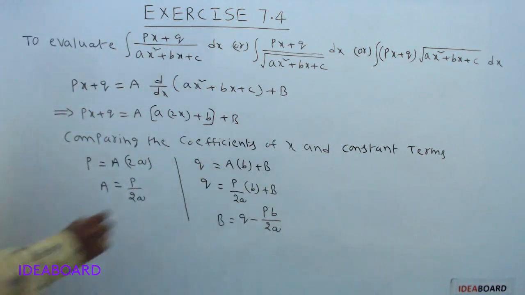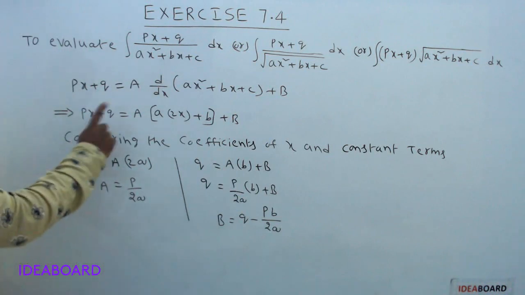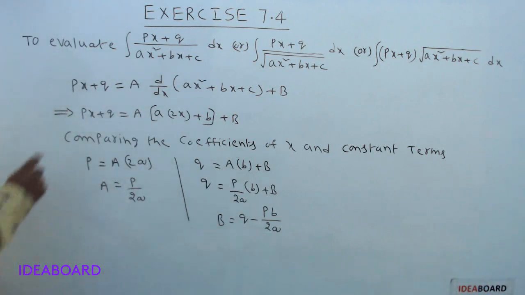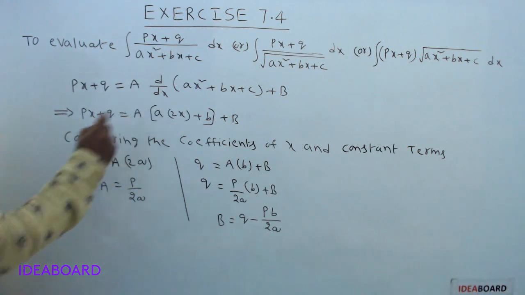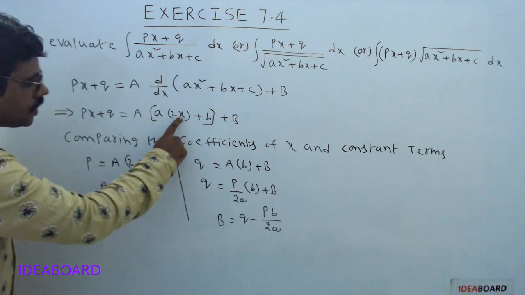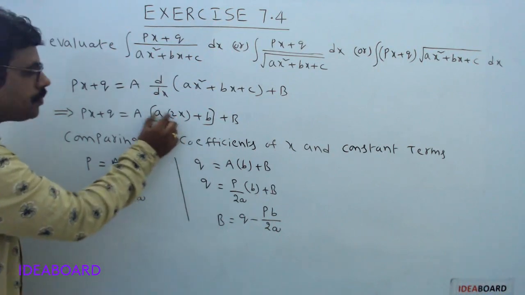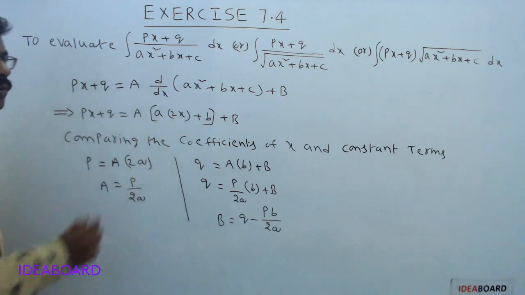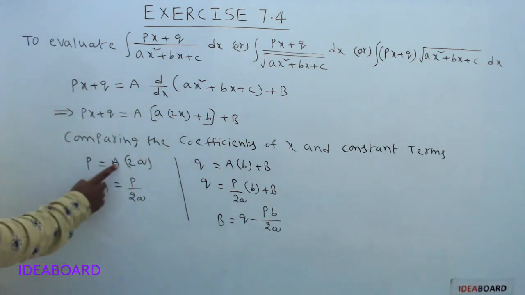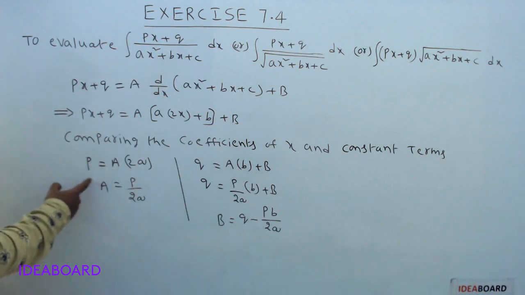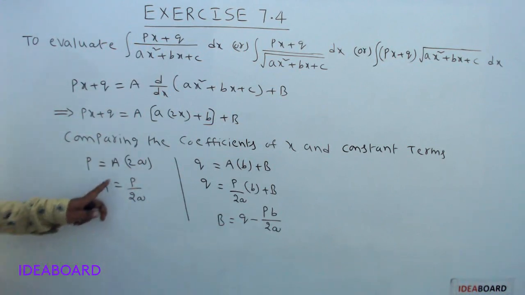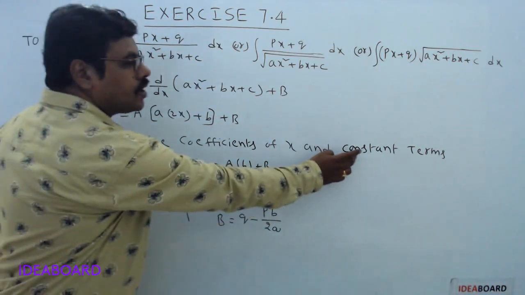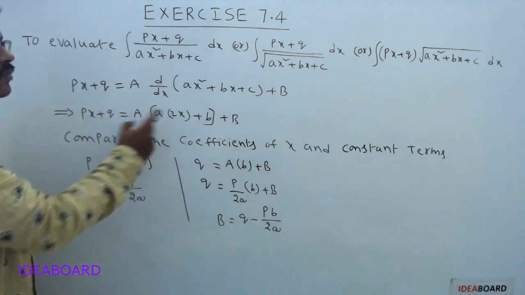First, comparing the coefficient of x on both sides, the coefficient of x on the LHS is p, and on the RHS it is A multiplied by 2a. Therefore A equals p divided by 2a.